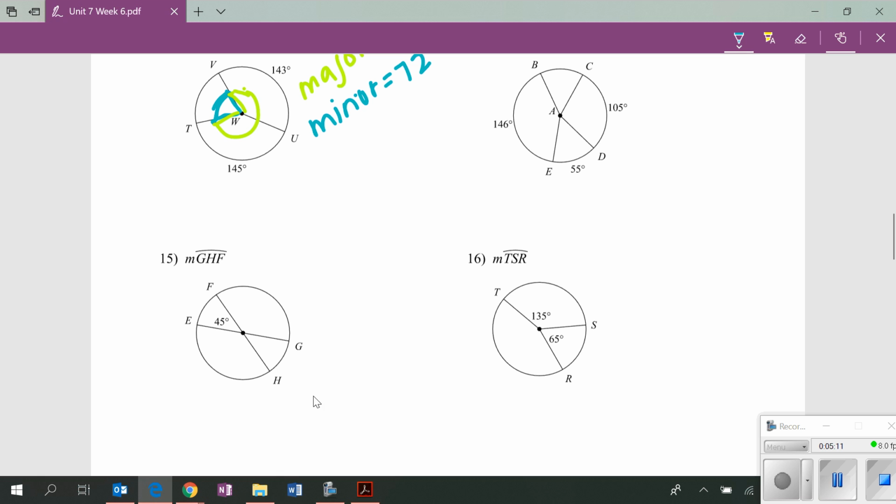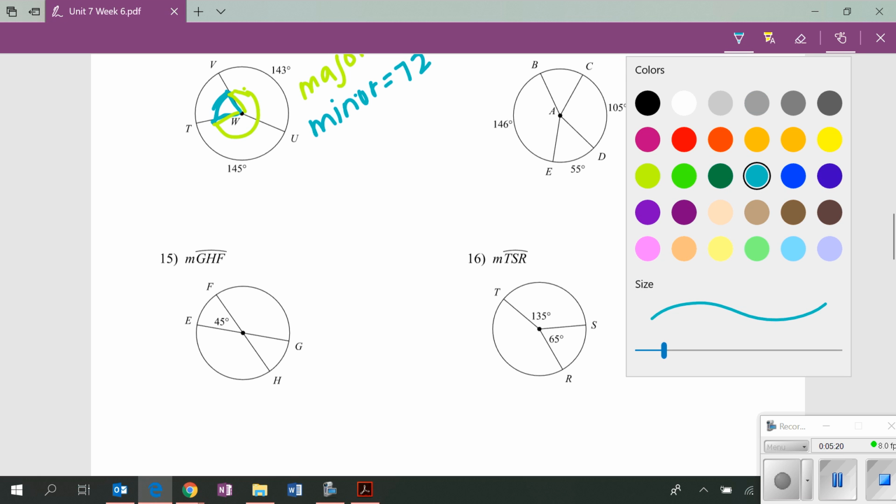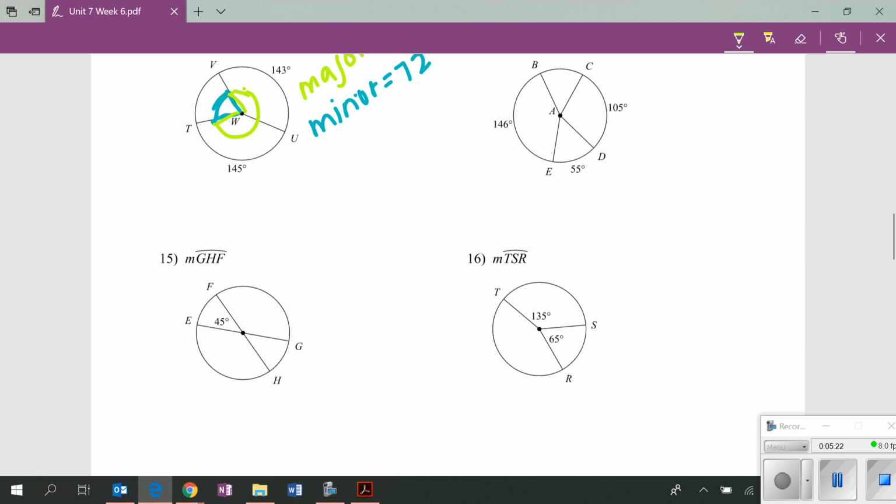Let's take a look at number 15. I know that this one's a little different. I'm looking for GHF. So specifying that I've got this major arc here that has to go through H to get to F. Okay. Remember that we're allowed to assume diameters.